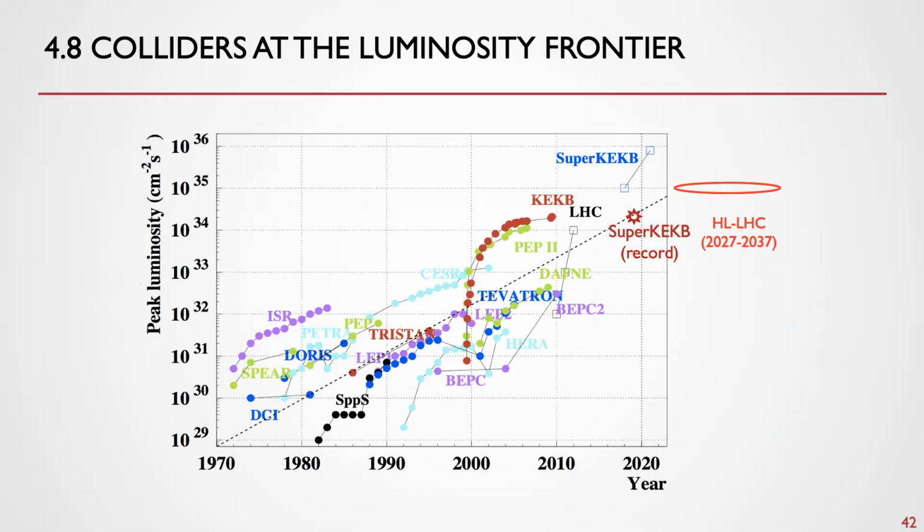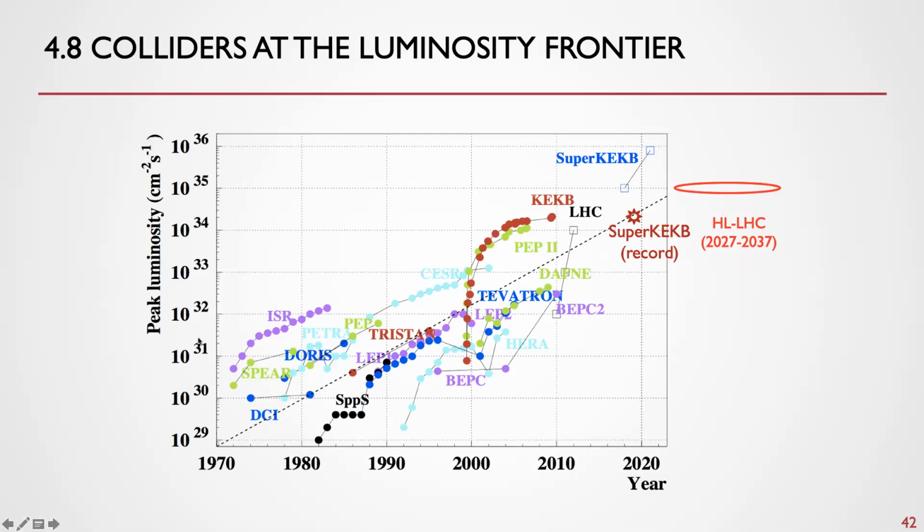Let's look at the history from the 70s to 2020, with the peak luminosity in inverse centimeters squared per second on the y-axis. You see that from a technology perspective we could achieve a roughly exponential growth.